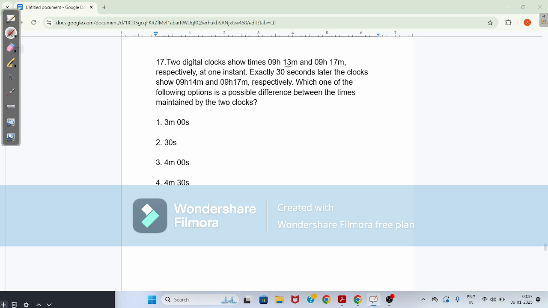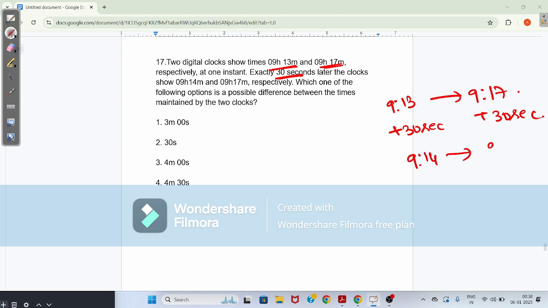Two digital clocks show 9:13 and 9:17. At one instant, exactly 30 seconds later, plus 30 seconds, one shows 9:14 and the other shows 9:17.